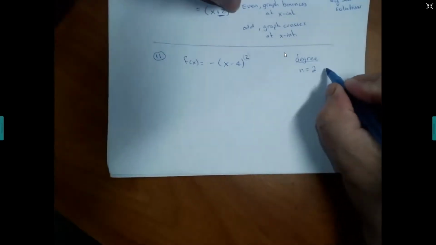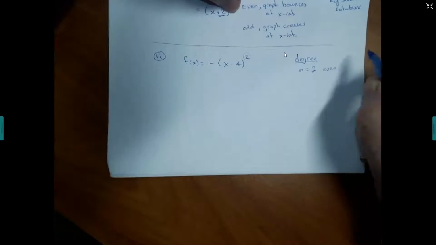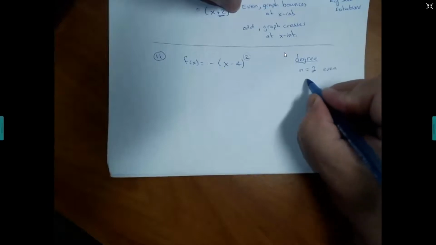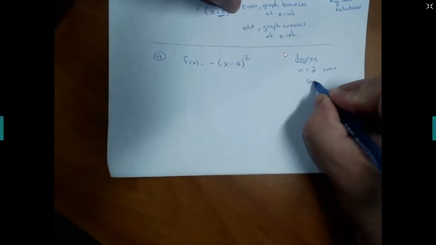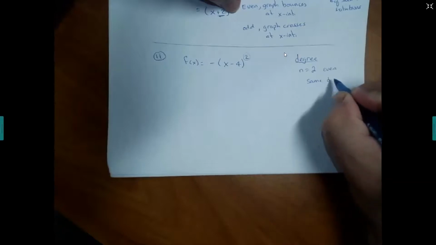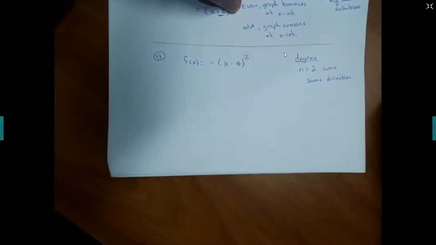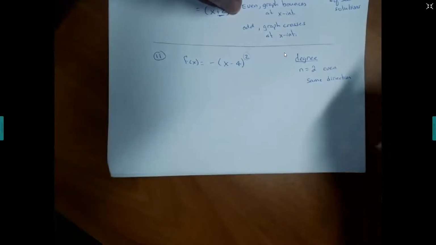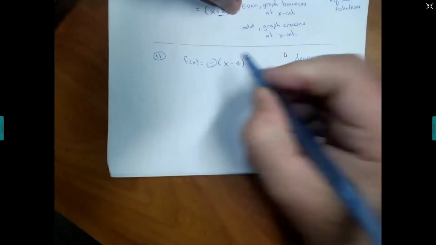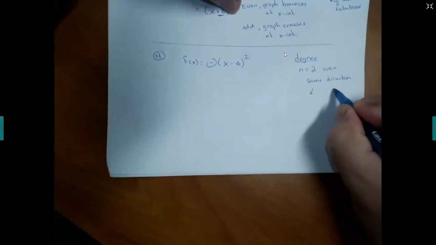Since it's an even degree, we know that the end behavior, both ends point the same direction. Is it up or down? Because the coefficient is negative, they both point down.